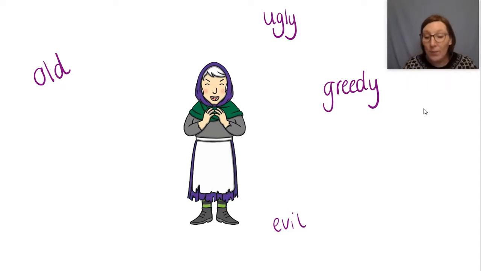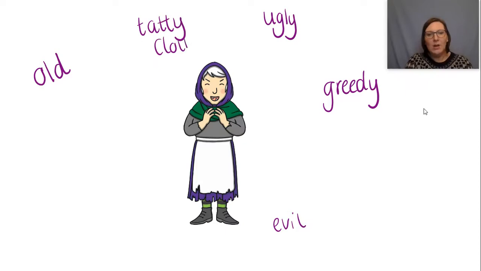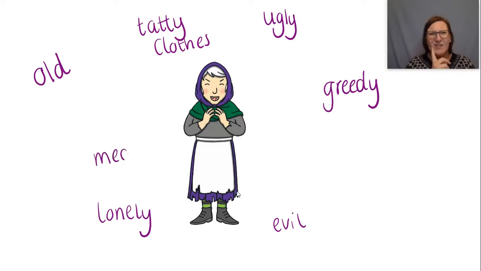Oh, how about this one? Tatty clothes. Because her clothes here, can you see, are all tatty and old and ripped. But I also think because she lived by herself, she was very lonely. She was a lonely old witch, wasn't she? But she was actually very mean. Yeah, she wasn't very nice at all.